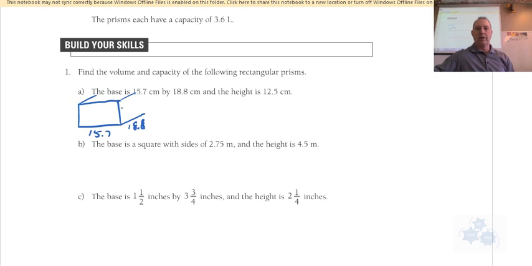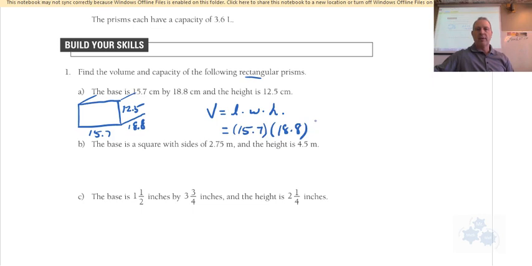And the height is 12.5. You don't really need to draw the diagram, but the volume, because this is a rectangular prism, is length times width times height, isn't it? It's pretty easy. We've got these 3 multiplied together in any order, it doesn't matter.